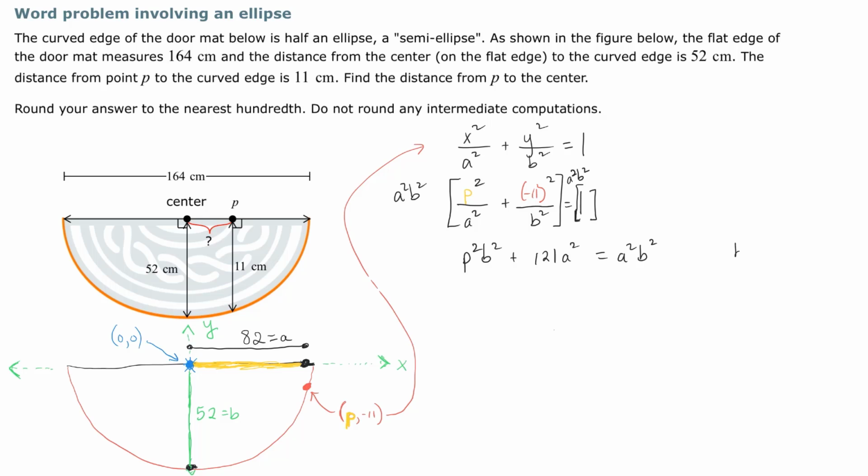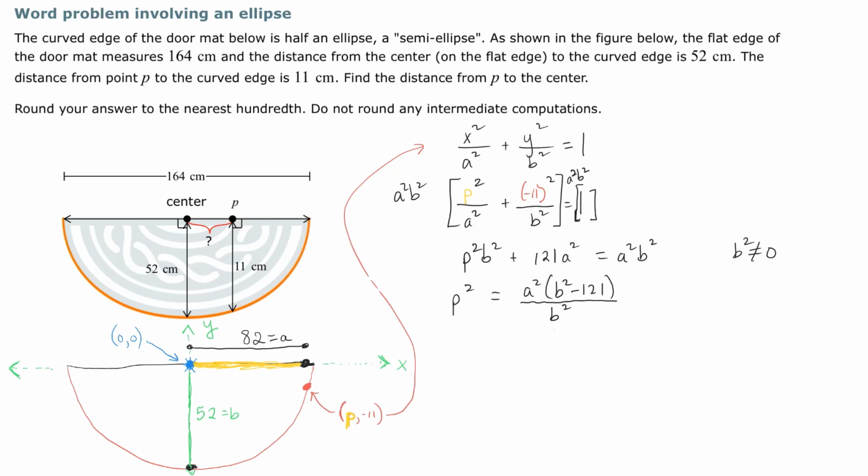Now we know b squared is not 0. So now we have p squared is equal to a squared times the quantity, b squared minus 121, all over b squared.